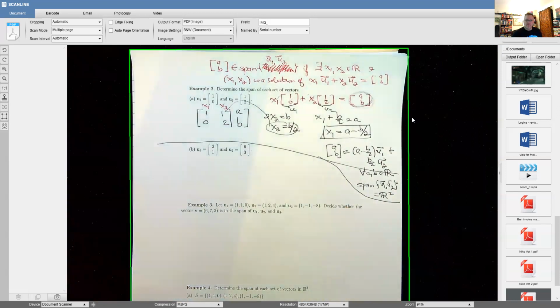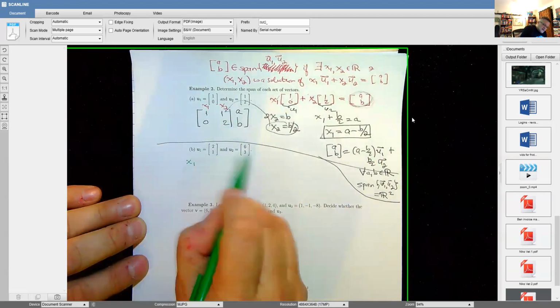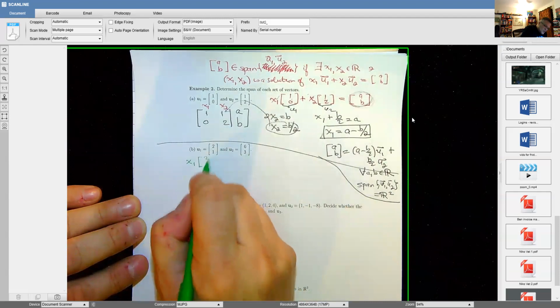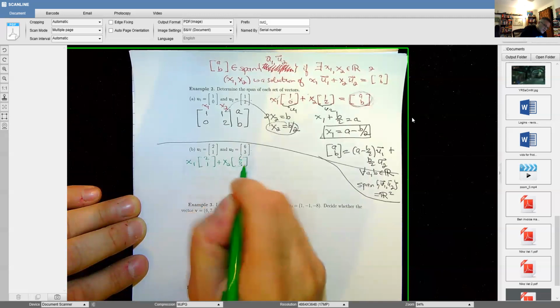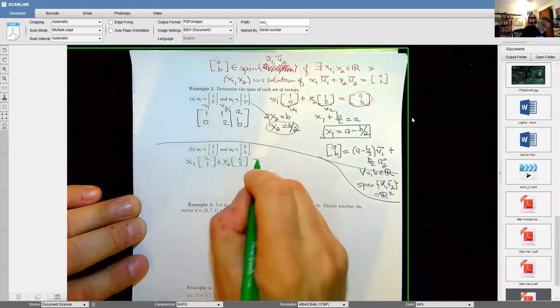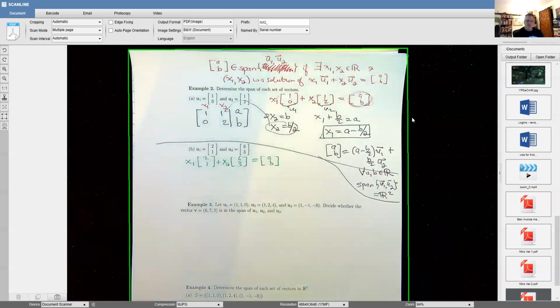Not bad, right? All right, let's do the same thing here. We want to find the span of those vectors. So you want to multiply each of the vectors times a scalar x1 or x2, and I'm going to set that equal to a fixed but arbitrary vector (a, b). And again, we ask the same question.